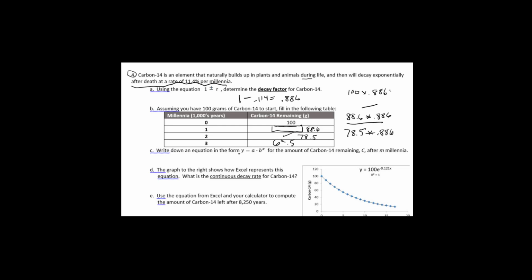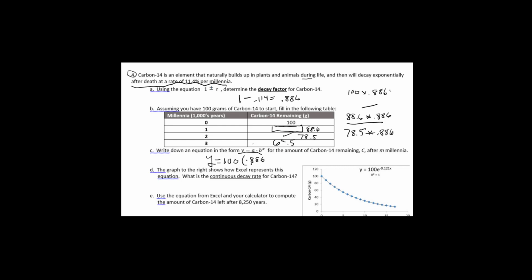Okay, so write down an equation of this form for the compound C14, which we just did. So how do we write down this equation? Well, the output, which is, where's my 69.5? My output, which is the amount of carbon, is going to be equal to my initial value, which is 100, right, at the beginning, decaying at a rate of 0.886.